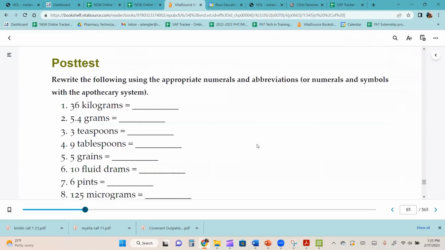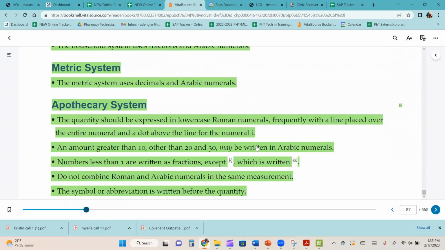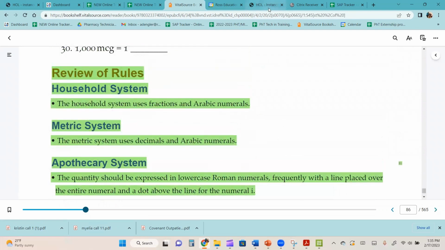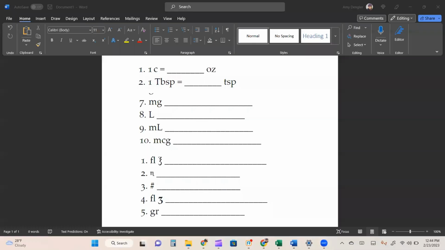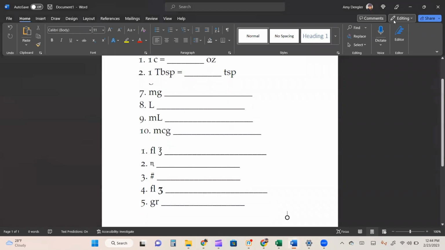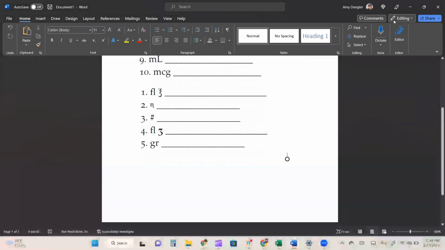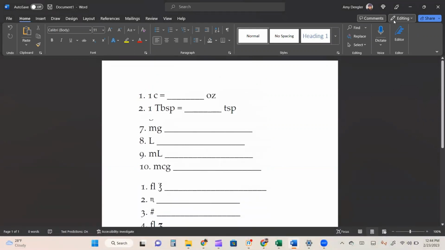All right, so now we'll go through some example problems. Okay, so now we'll do some examples from various practice problems in the chapter. So this first part here, they're just wanting to know the equivalents for 1 cup and 1 tablespoon.